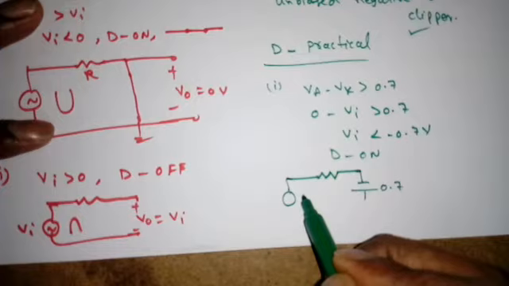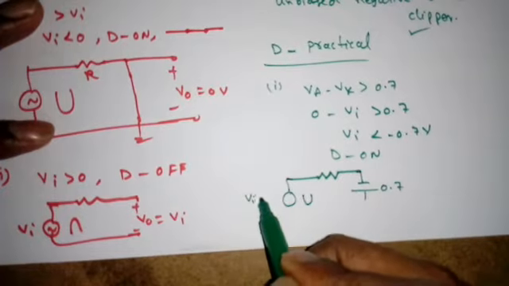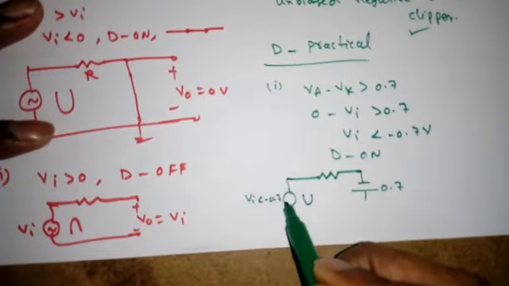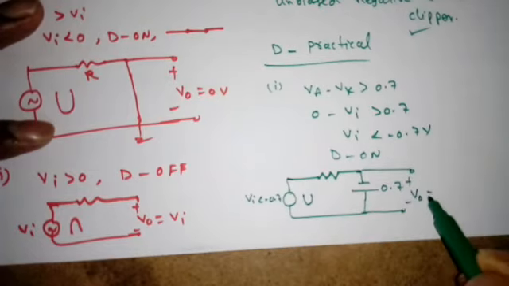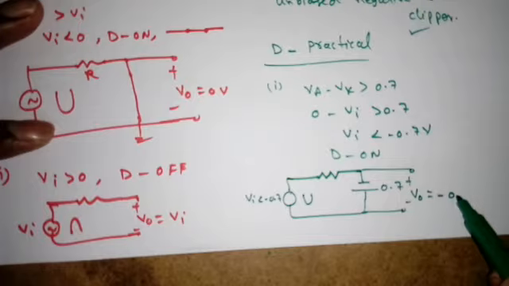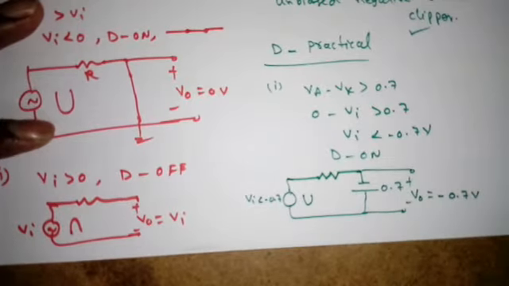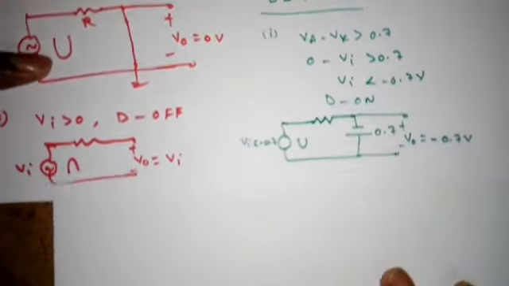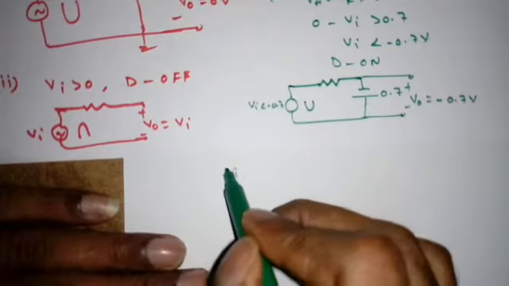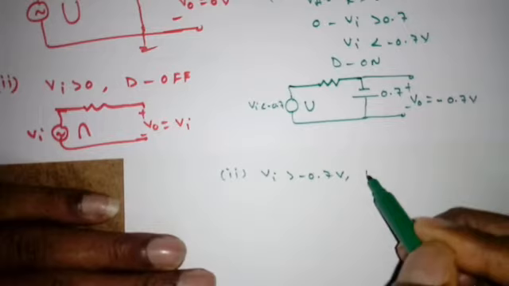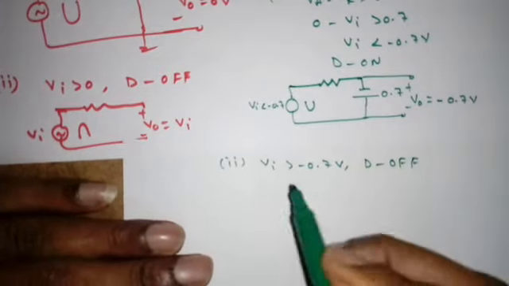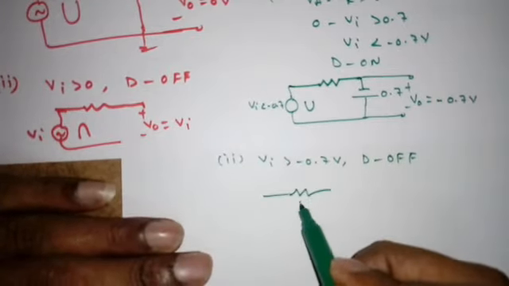I am applying the negative portion, that is when Vi is less than minus 0.7. Now tell me what is V0. V0 is not 0 now, it is minus 0.7 volt. Right? Then what is the second condition? Very simple. Opposite. When Vi is greater than minus 0.7 volt, D is off. So when it is off, open circuit.